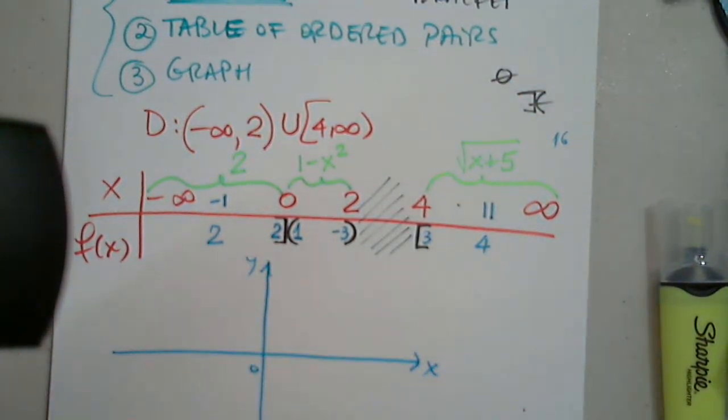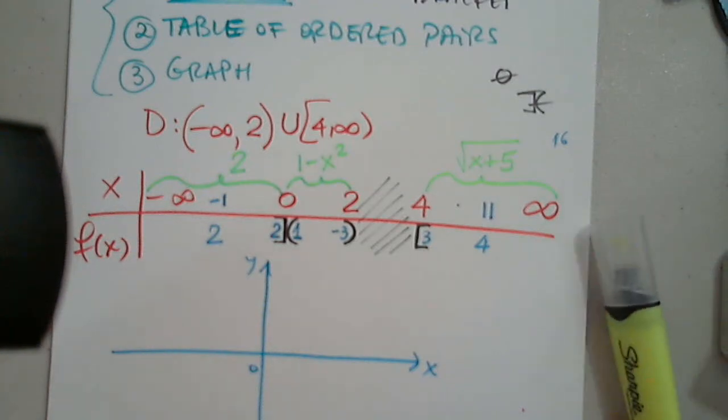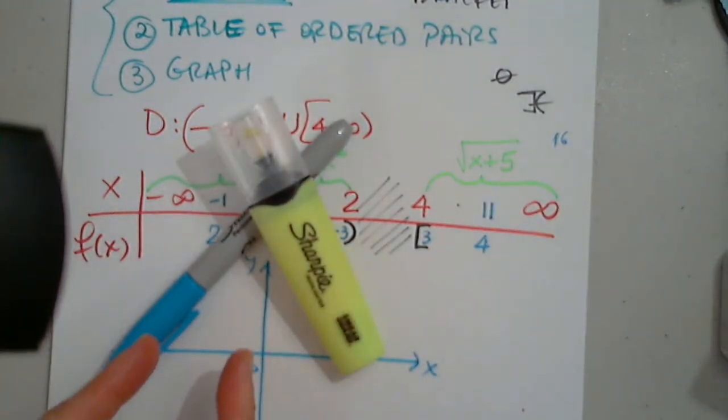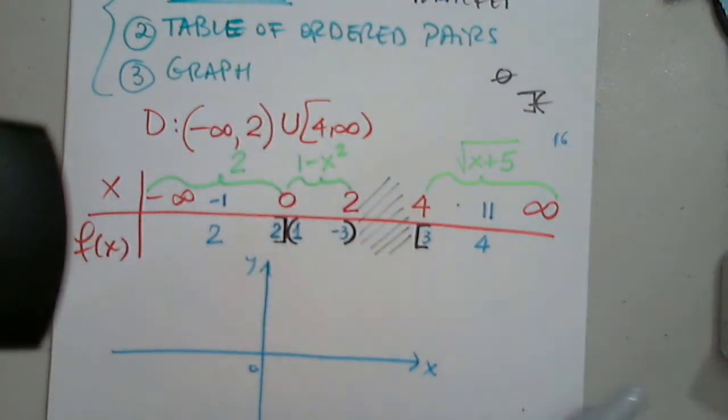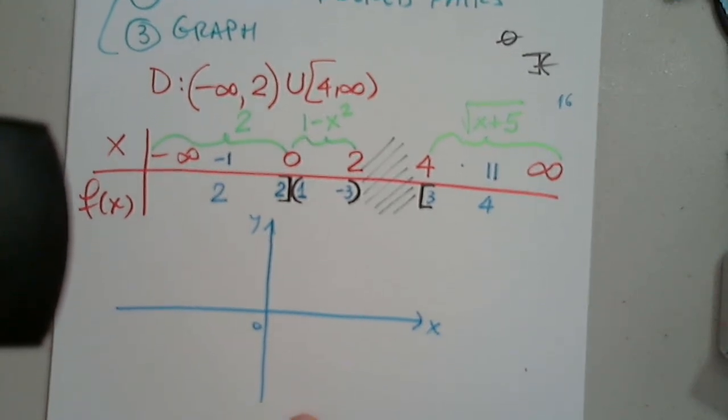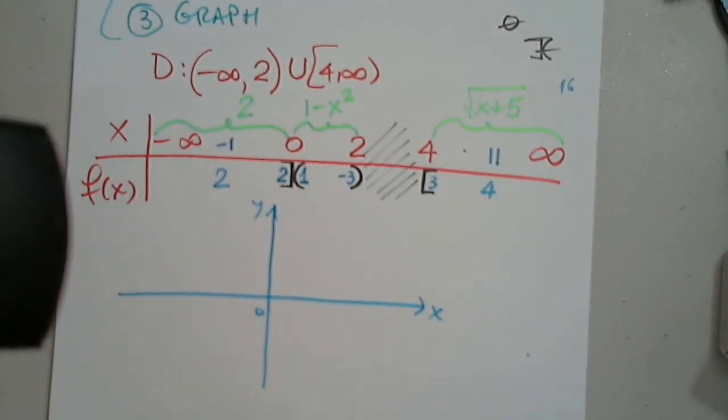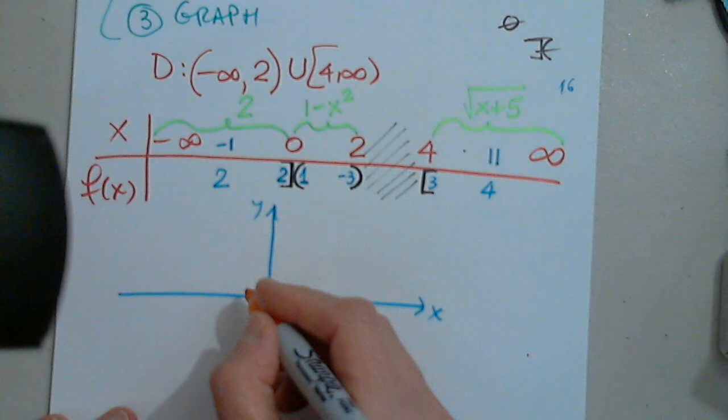I will graph with 3 different colors so you understand that it will be a terrible mistake to show something like this. Impossible. Okay. So I'm going to use orange for the first branch. What is the first ordered pair that I have to plot? -1 and 2.